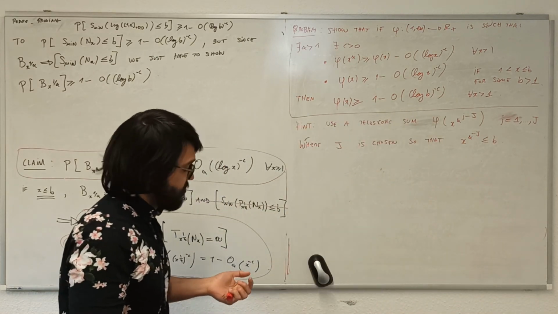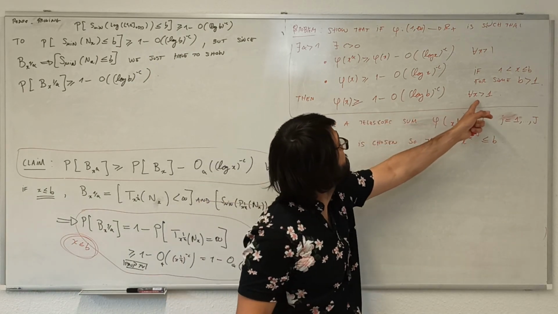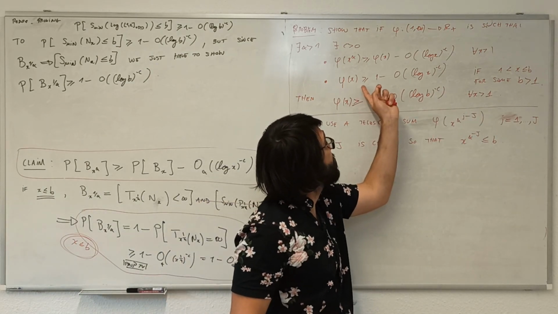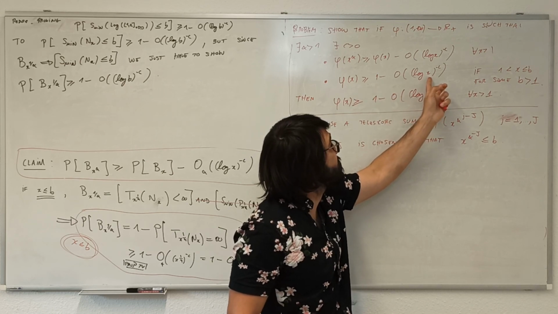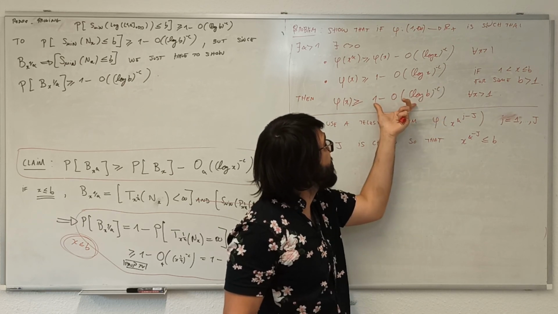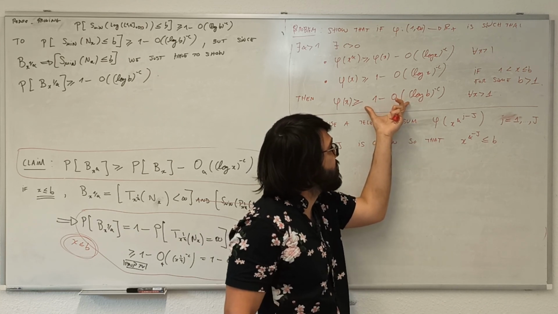Okay, so the point is, to show the result of the problem for x less or equal to b is obvious. If x is less or equal to b, you already have this inequality, you can just bound x by b. So this is true if x is less or equal to b. So you only need to show this for x greater or equal to b.